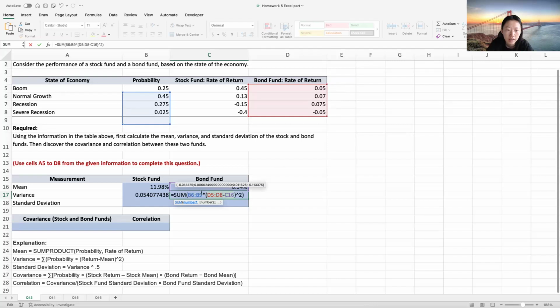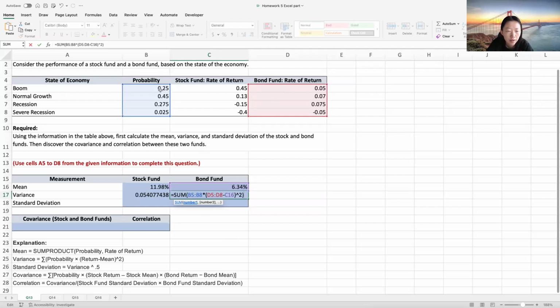And then we calculate the square. So we're taking the square of deviation from mean, and then we calculate the product using the probability. In this way, Excel will calculate it row by row.